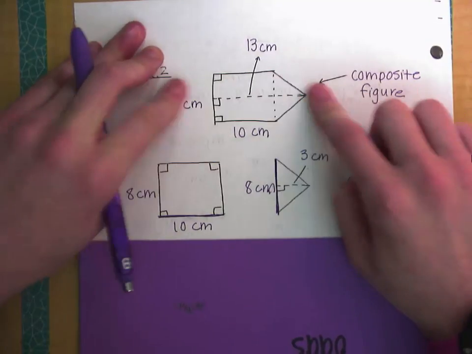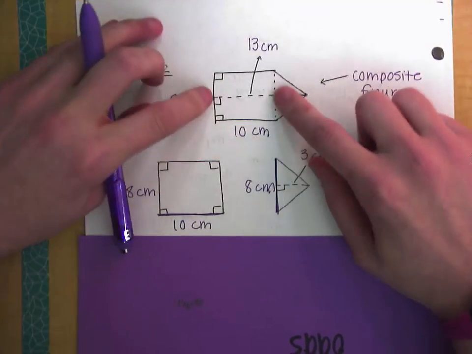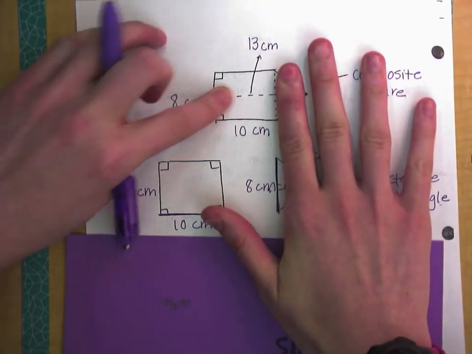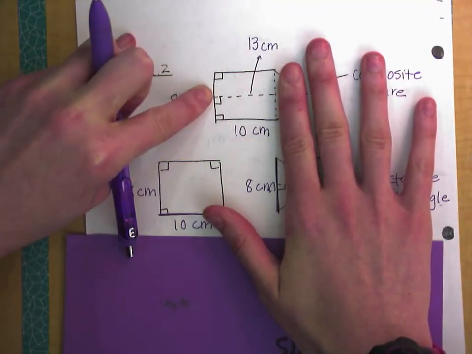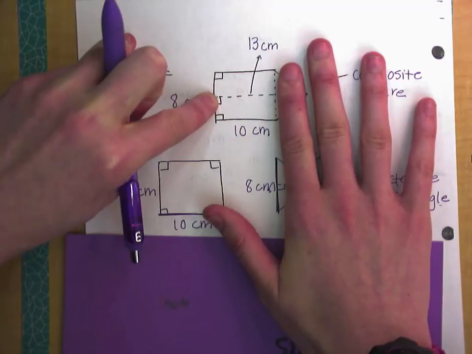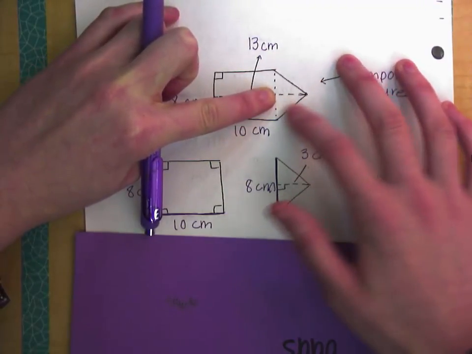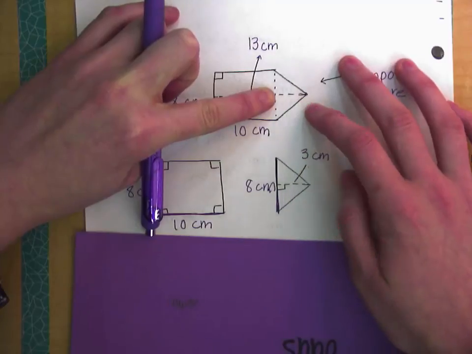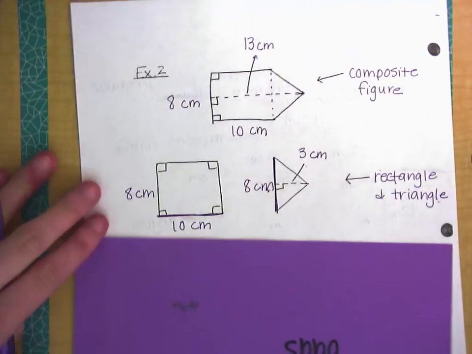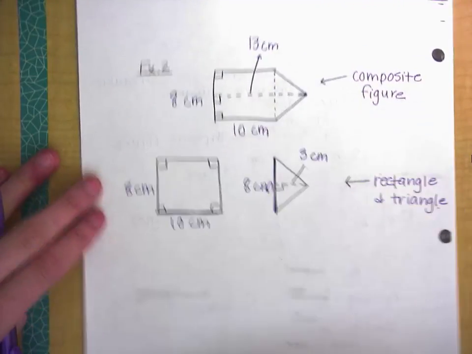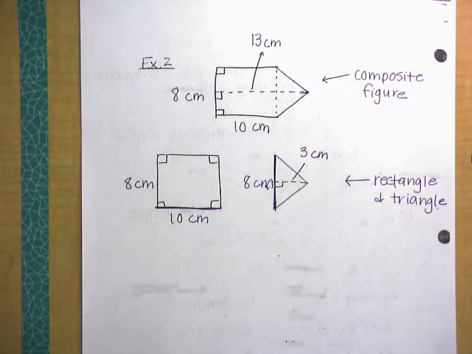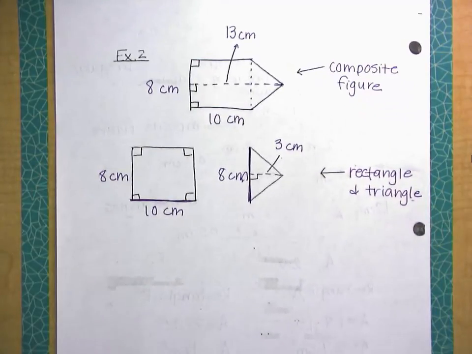When we split them apart, this much of the line is how much? 10 centimeters. So if the whole thing is 13, then how much should this be? 3. So that's all you did. Is that clearer now? Yes, no, maybe? Okay.